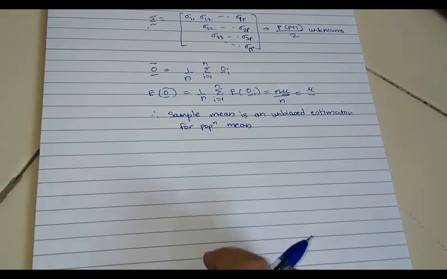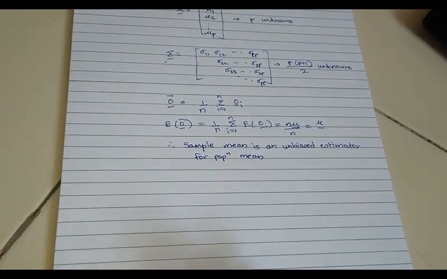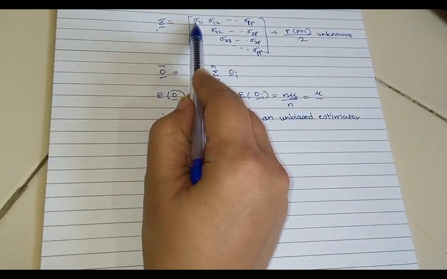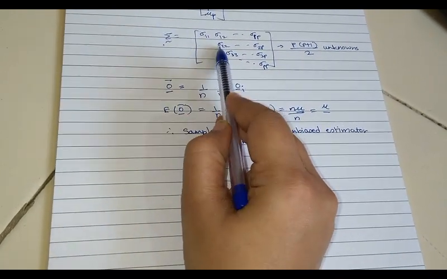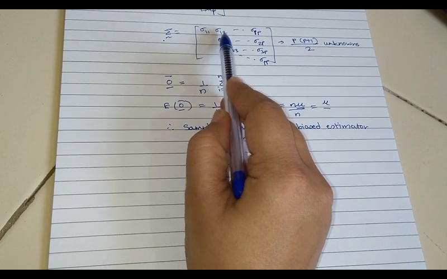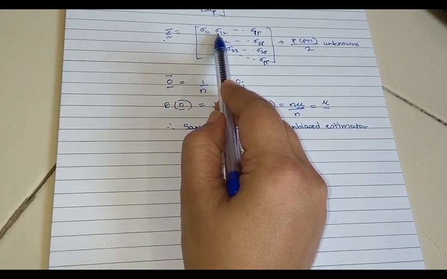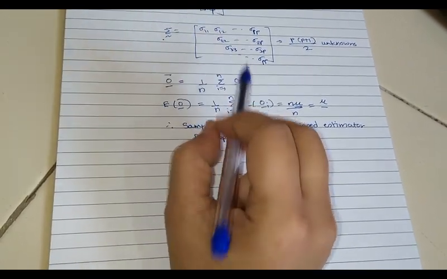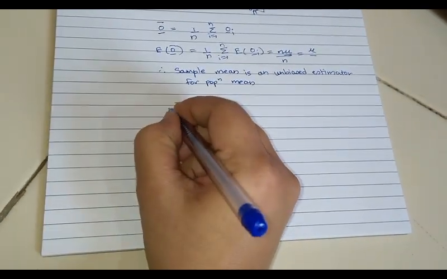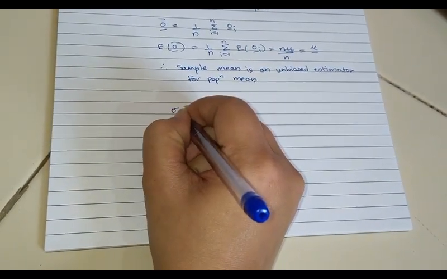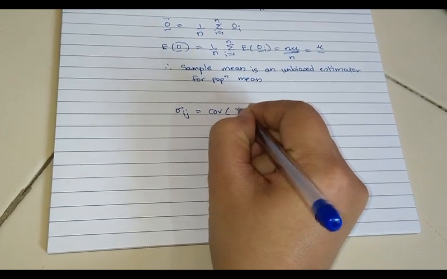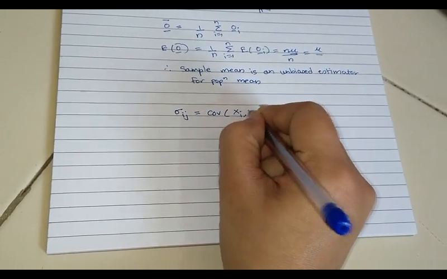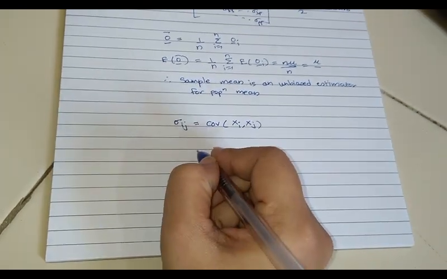Now I have to worry about variance. So what we know is this sigma 11 is actually variance of the first component, sigma 22 is variance of the second component, sigma 12 is covariance between first and second component, and so on. So in general, we know that sigma ij is covariance between ith component xi and jth component xj.